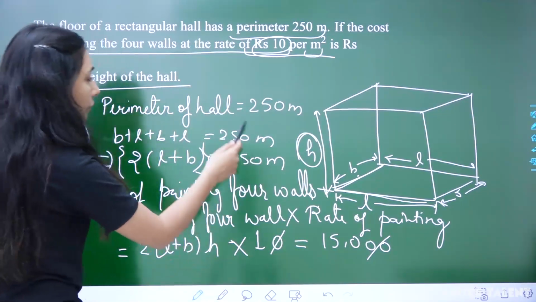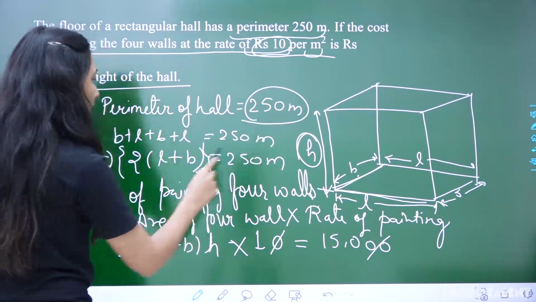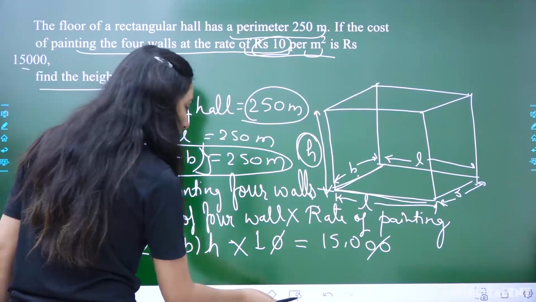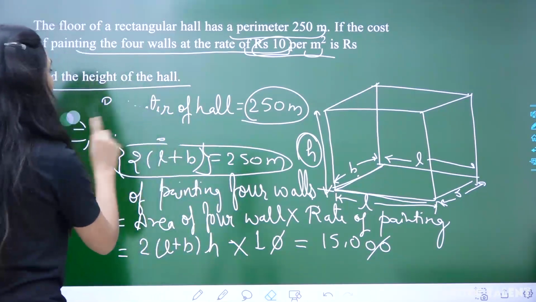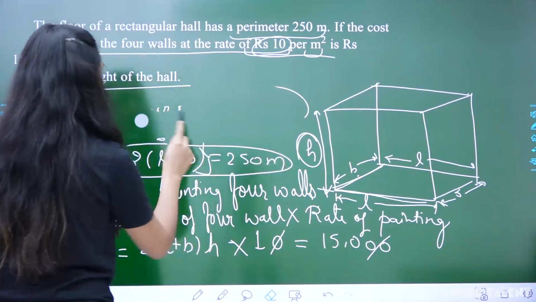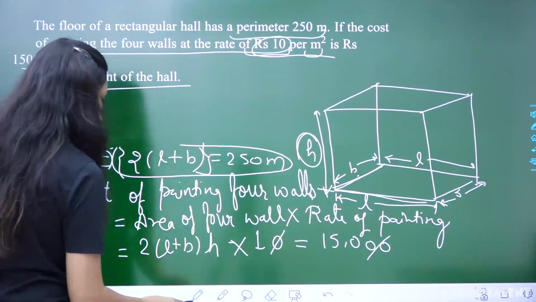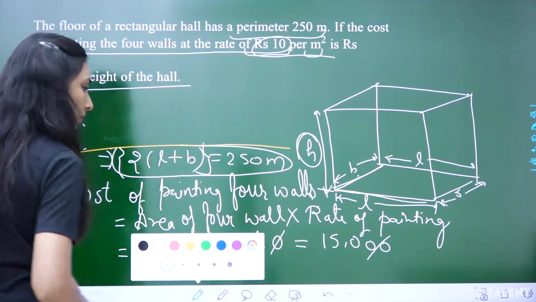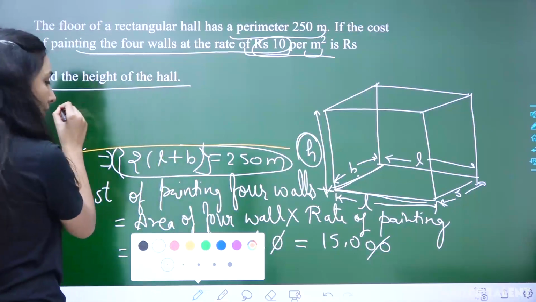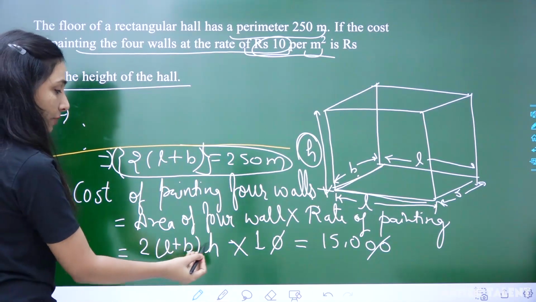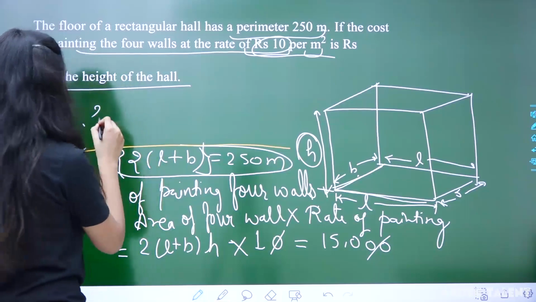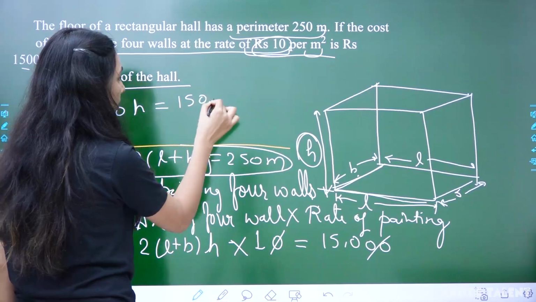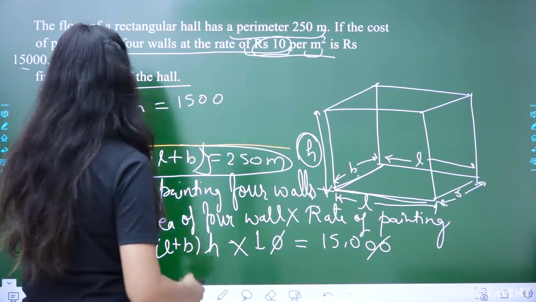Now we are given the perimeter of the hall as 250, so here we have 2(L plus B) equal to 250 meter. Just put the values in the formula. 2(L plus B) is 250. 250 multiplied by H is equal to this value, 15,000.